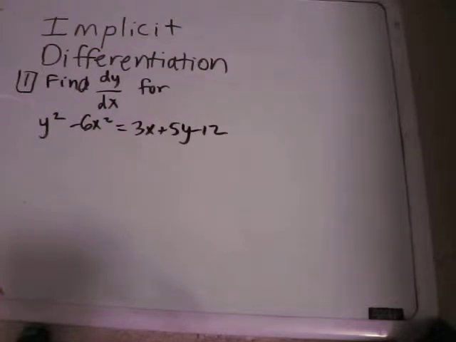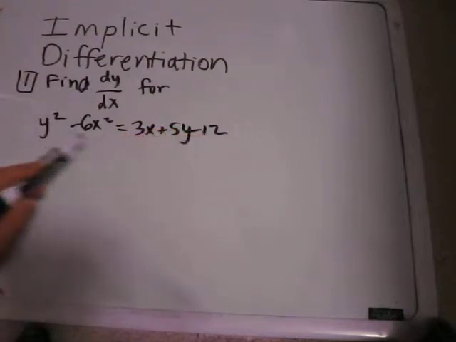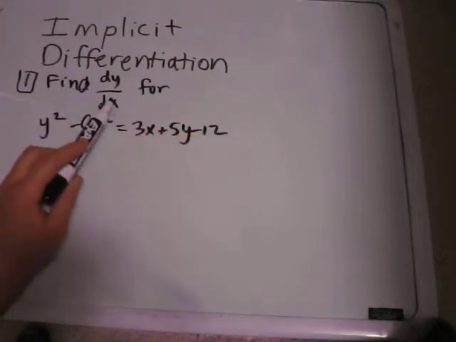In implicit differentiation, you're differentiating the whole function at one time, and you're always differentiating with respect to one of the variables. Since this problem asks for dy/dx, we're differentiating the whole function in terms of x.